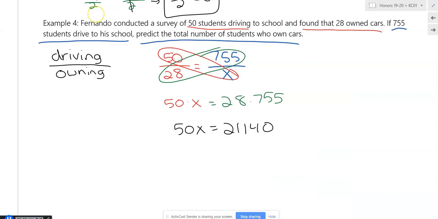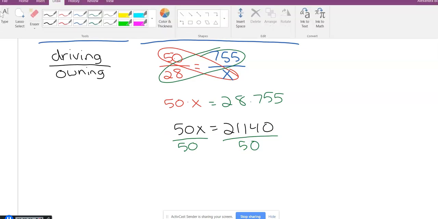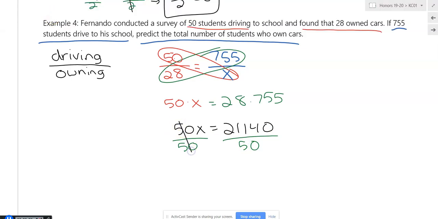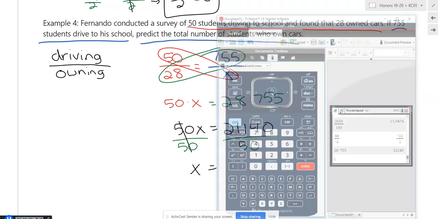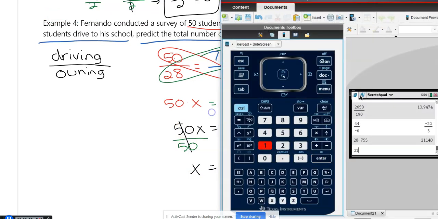Now I'm getting x by itself, so I'm going to divide by 50. If I divide that, I do get a fraction. However, now, this is a real world problem. I don't know what 2,114 fifths of a person means, so I am going to get it as a decimal.